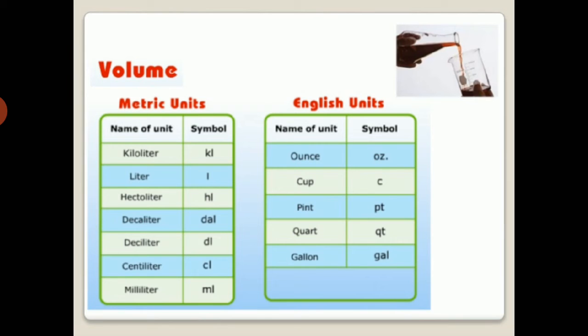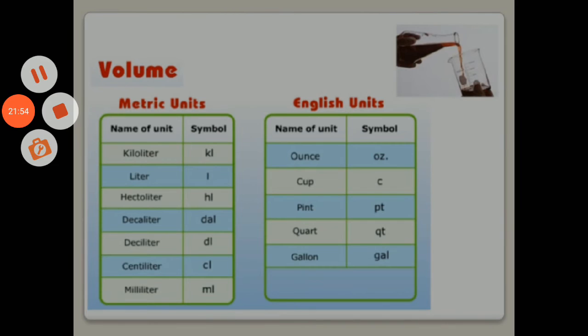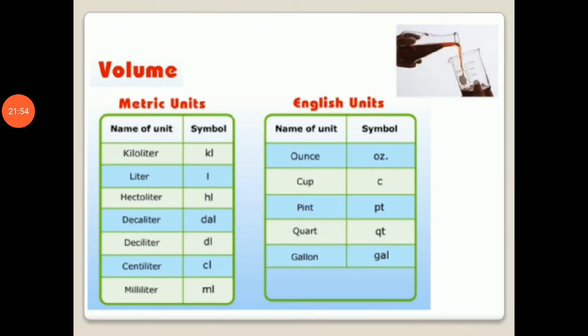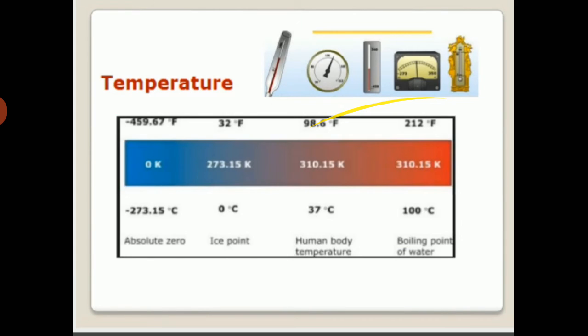For the volume, if we discuss the volume, we have so many units like kiloliter, which has the symbol kl. Liter is noted by the symbol l. Hectoliter is noted by the symbol hl. Decaliter is noted by the symbol dal. Deciliter is noted by the symbol dl.